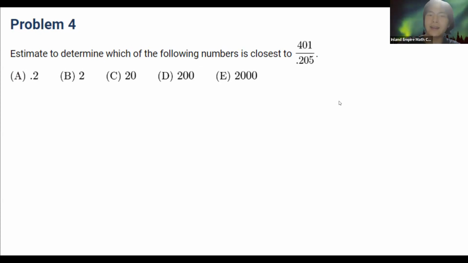Zion, would you like to explain how you got E? Well, first I just, hold on. It's okay, take your time. Yeah. So I estimated to 0.2 and 400.